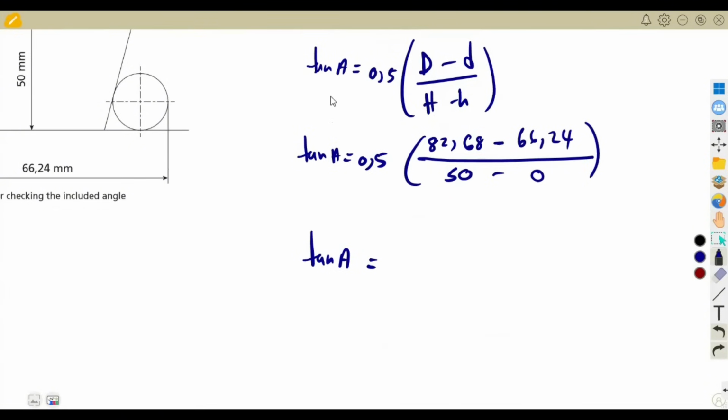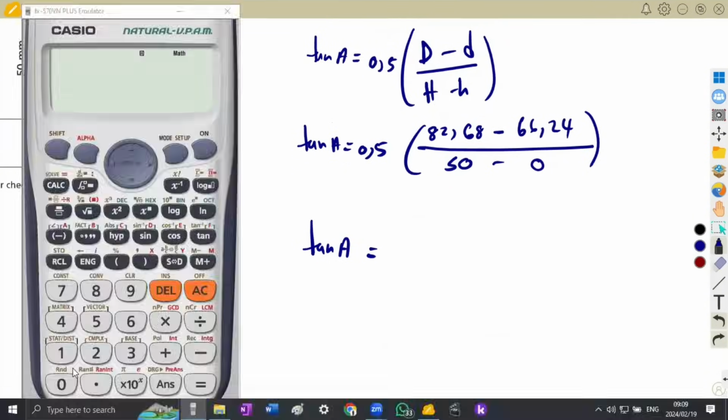So on our calculator, we have 0.5 into the bracket, a fraction, 82.68 minus 66.24, then we divide this by 50 minus 0. So 50 minus 0 has no effect, it's just 50 there.